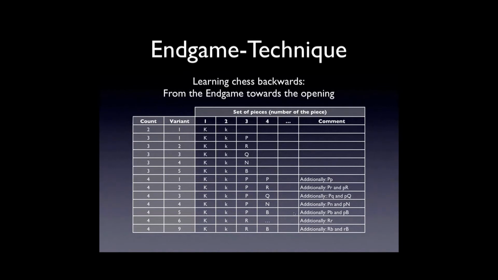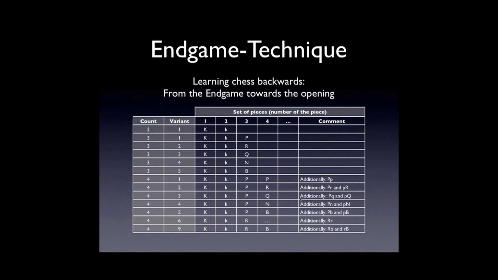And additionally, this combination of pawn and bishop can be a white pawn and a black bishop, or a black pawn and a white bishop. And the same for the knight. So white pawn, black knight, or black pawn, white knight, and so on.